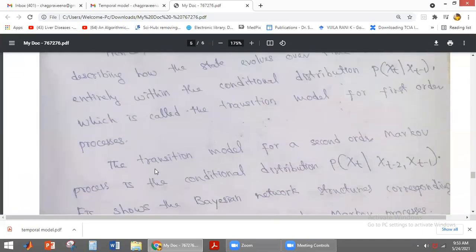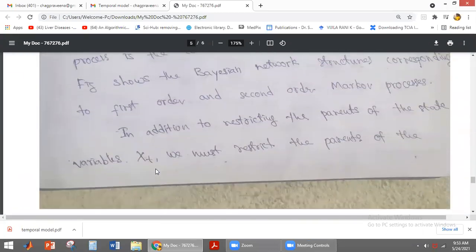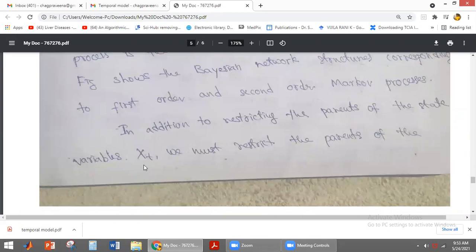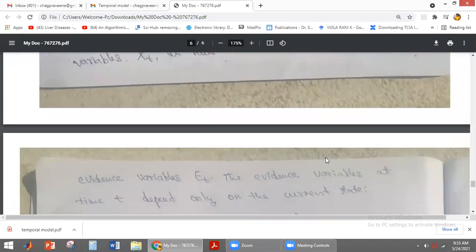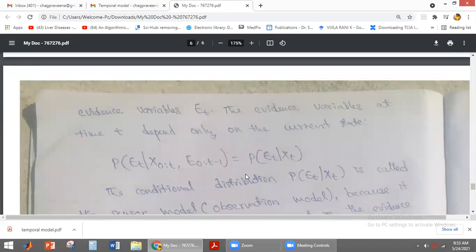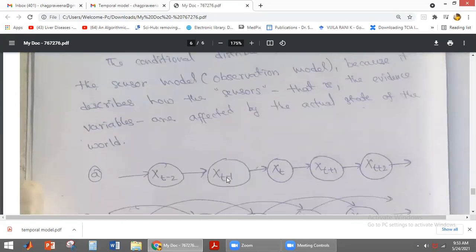In addition to restricting the parents of the state variable xt, we must restrict the parents of the evidence variable et. What are we doing? We are restricting the parents of the state variable xt. In the first order Markov process, xt depends upon the previous state.